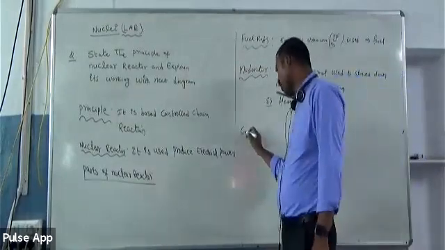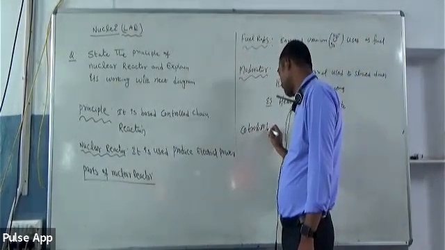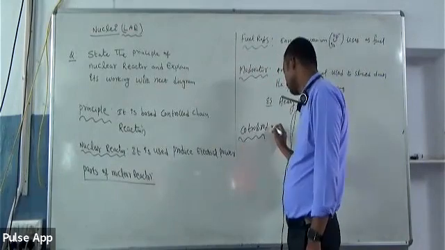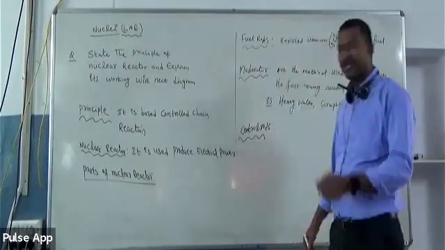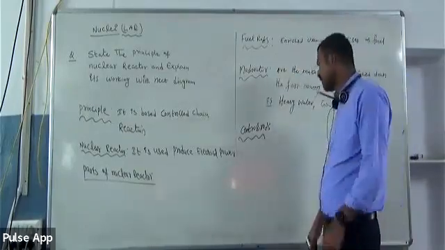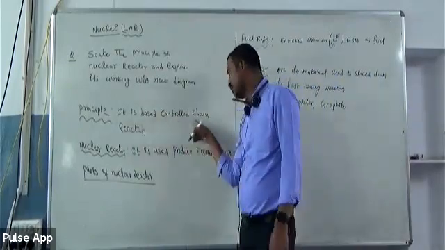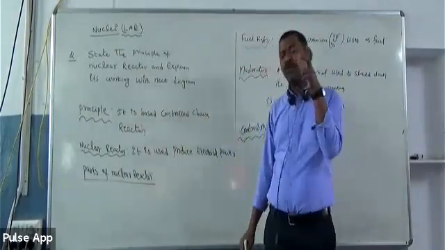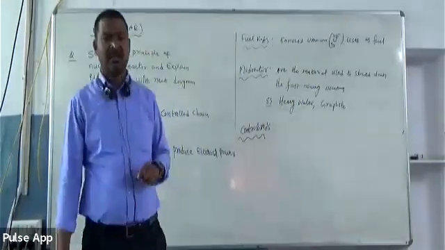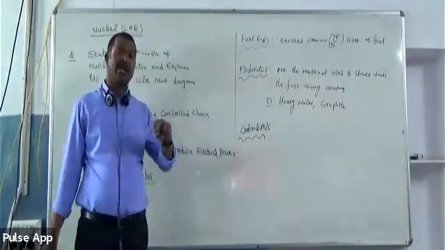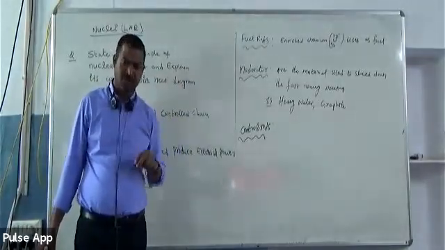Next, control rods. What are control rods? As I told just now, a nuclear reactor is based on controlled chain reaction, right? So how can we control the chain reaction? In every nuclear fission, more than two fast neutrons are produced.